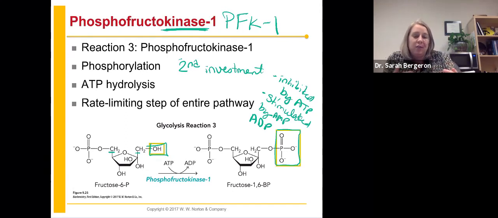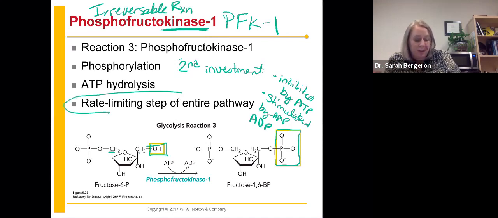And you've got to think, do you want glycolysis to continue? Yes or no? That depends on the current ATP status of the cell. And so this is our other irreversible reaction, but this is really the rate limiting step of the entire pathway.